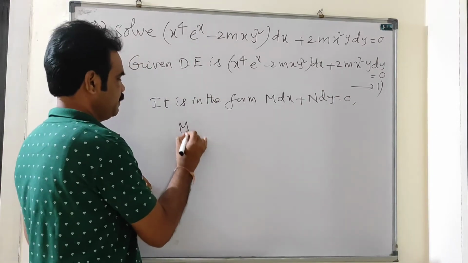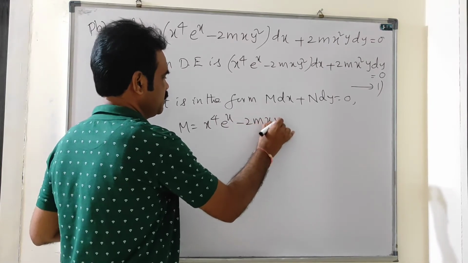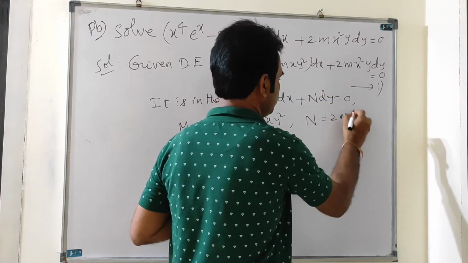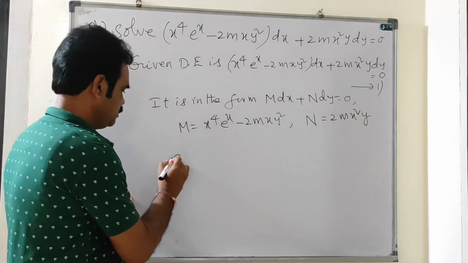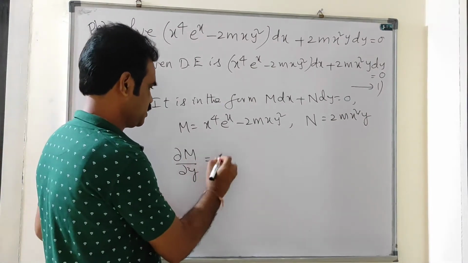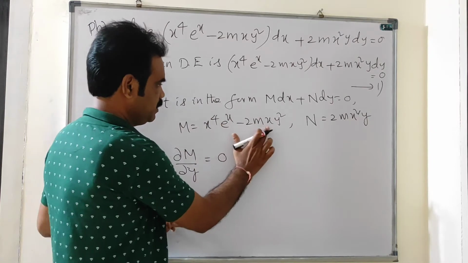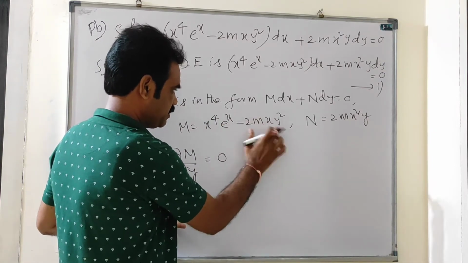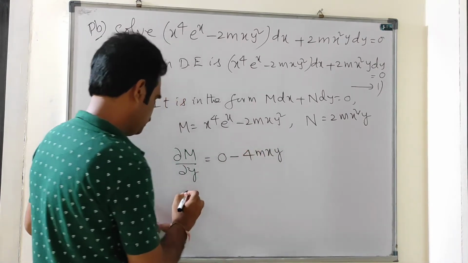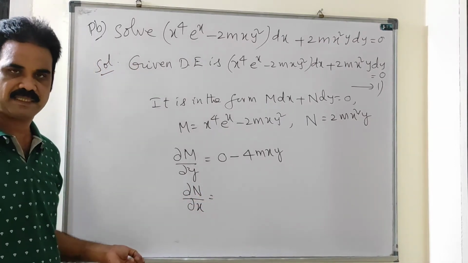Where M is the dx coefficient, that is x power 4 e power x minus 2mxy square, and N is the dy coefficient, that is 2mx square y. Now ∂M/∂y, the partial derivative of M with respect to y, treating x as constant. Here x power 4 e power x derivative is 0, this is completely an x term. With respect to y, the derivative of y square is 2y, so minus 4mxy. ∂N/∂x, the partial derivative of N with respect to x treating y constant.